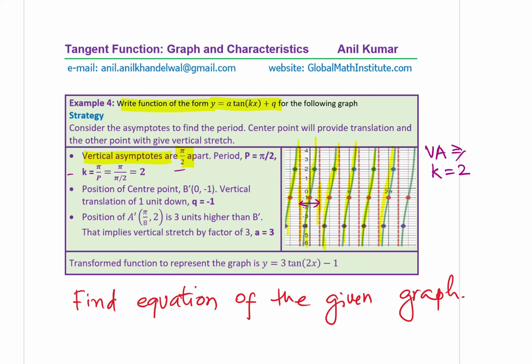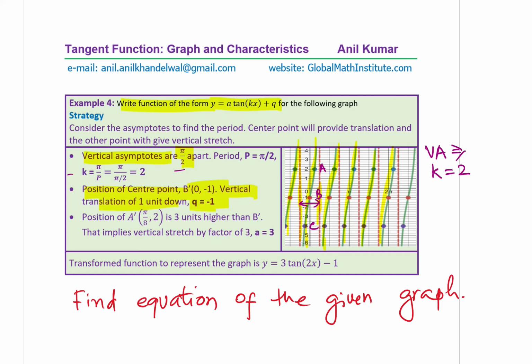Now, let us analyze the points A, B, and C. Normally the point B is supposed to be at the origin, so we are going to check that point first. When you check the position of the point B, it is now at 0, minus 1. Now this minus 1 indicates that the graph is translated vertically by 1 unit down.